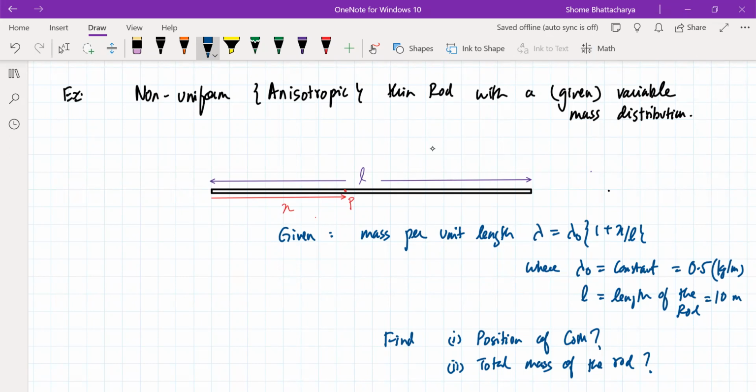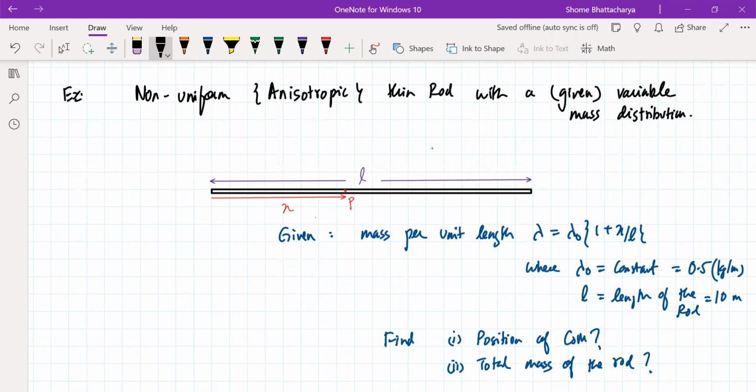So the rod is heavier on the right compared to its left hand side. The center of mass will definitely not be at L by 2, it will be on the right hand side of L by 2. So what we expect is that the x position of the center of mass should be greater than L by 2, but where exactly it is, to find that out we have to apply integration.